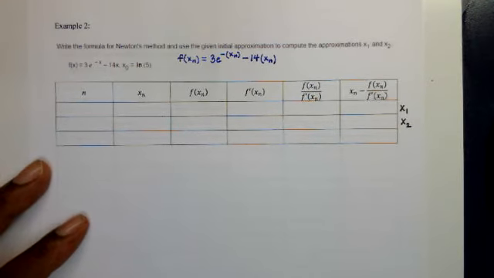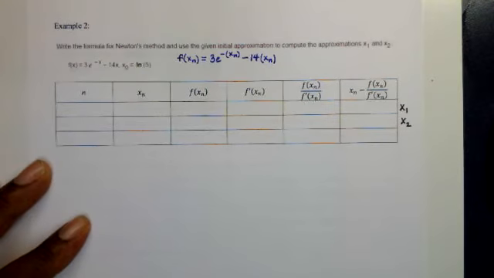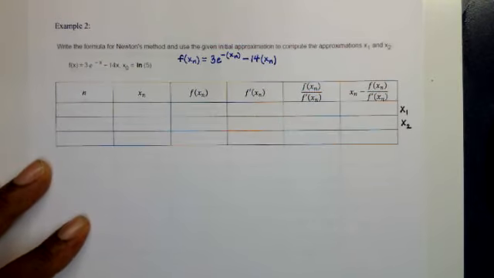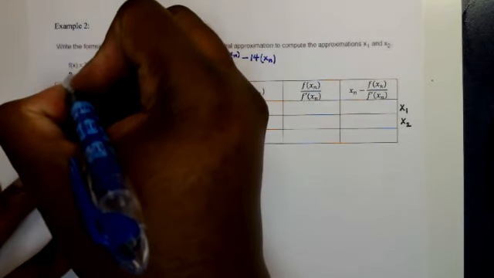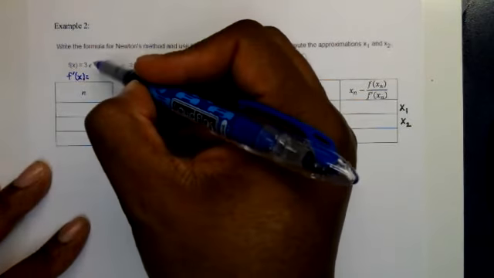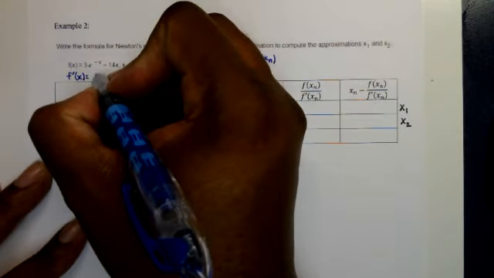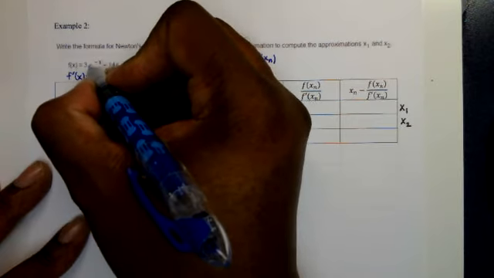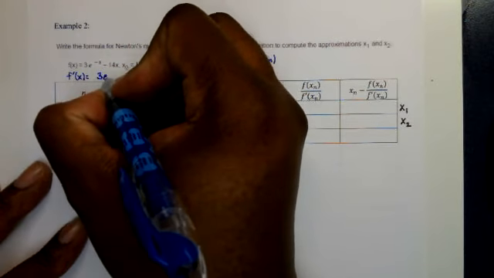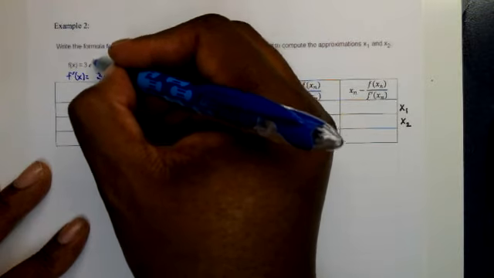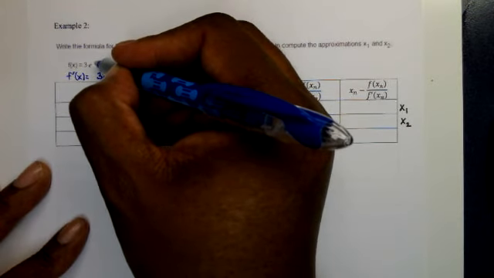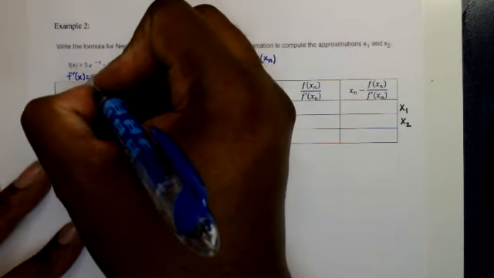Now I also need to find the derivative of that function. So if f of x is equal to 3e to the negative x minus 14x, then f prime of x, let's be careful here. I bring over the 3 and then take the derivative of e to the negative x, that would be e to the negative x. But I also have to apply the chain rule by taking the derivative of negative x, which is, of course, negative 1.